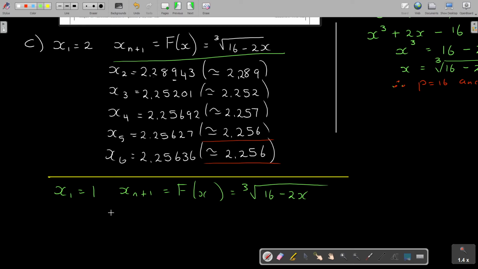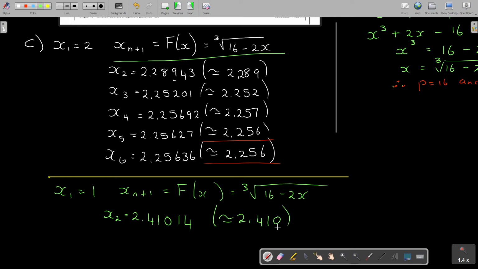Okay, so for x2, I get 2.410, 1, 2, 3, 4, 5, and 41014. And if I approximate it, it's 2.410.